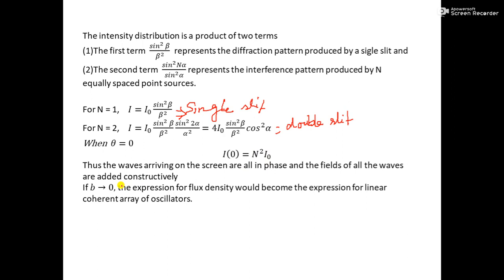And if b tends to 0, if b shrinks to 0, that is the width of the slit is nearly equal to 0, meaning the slits are very narrow, the flux density becomes the flux density expression for a linear coherent array of oscillators. Okay.